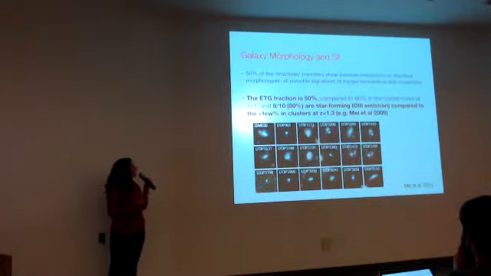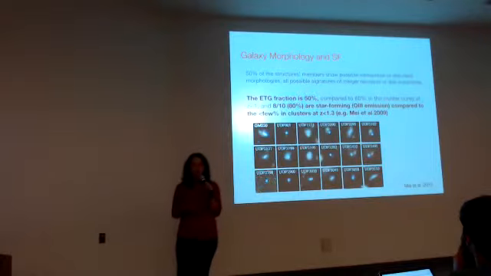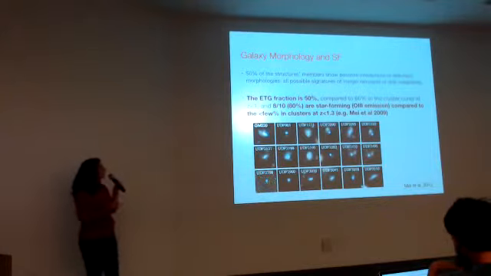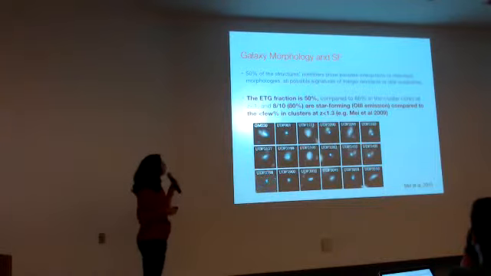The ETG fraction is 50%, and 80% are star-forming. So they're not the passive ETGs that we usually find in clusters. So not only is the structure assembling to form a cluster today, but also its galaxies are not yet the classical passive ETGs that we observe today.